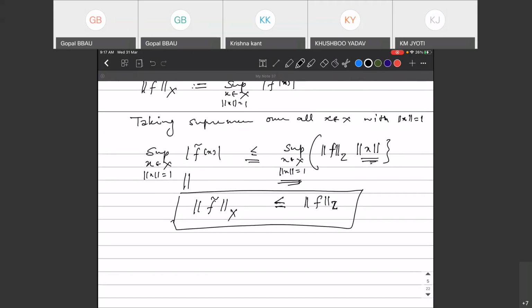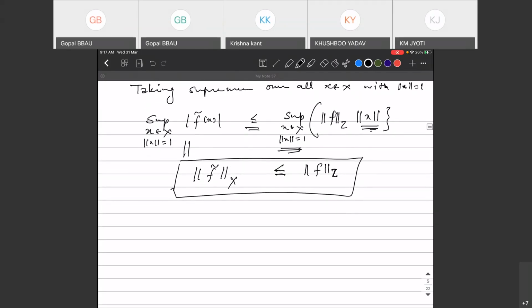Okay, so far we have seen this, but under extension the norm cannot decrease. So we also have norm f tilde greater than or equal to norm f. This part holds because under extension the norm cannot decrease.